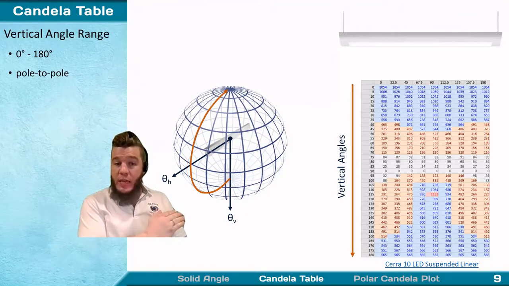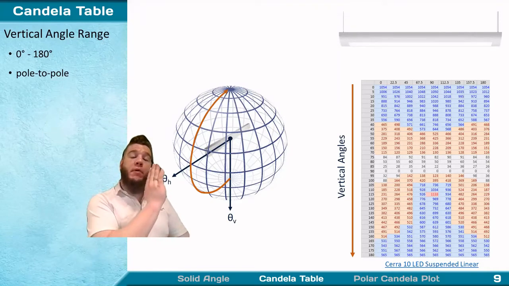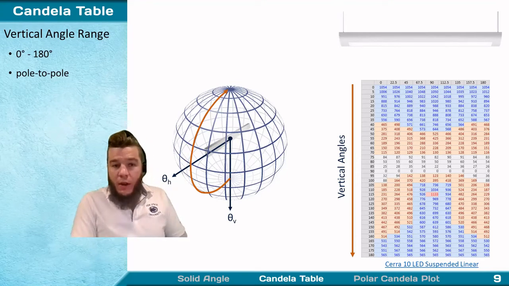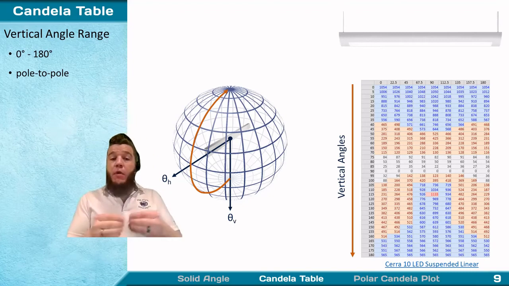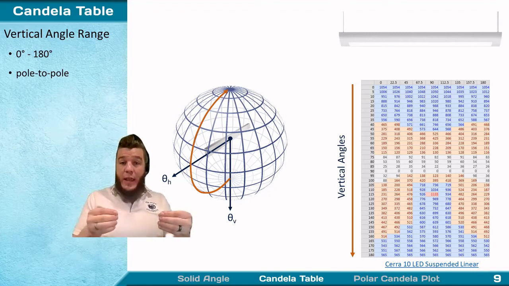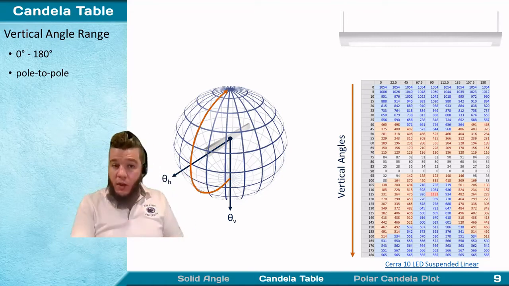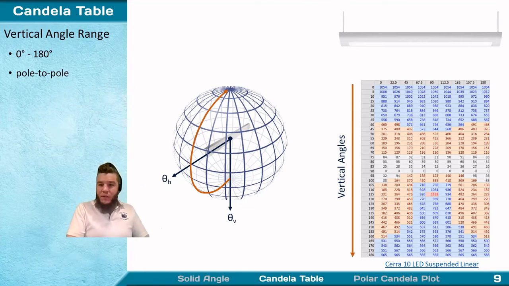As we increase from 0, we're going to go up along and eventually get to the North Pole on our sphere. And that's our range of vertical angles. They only go from 0 to 180 because we're going to account for the other side of the sphere with our horizontal sweep.